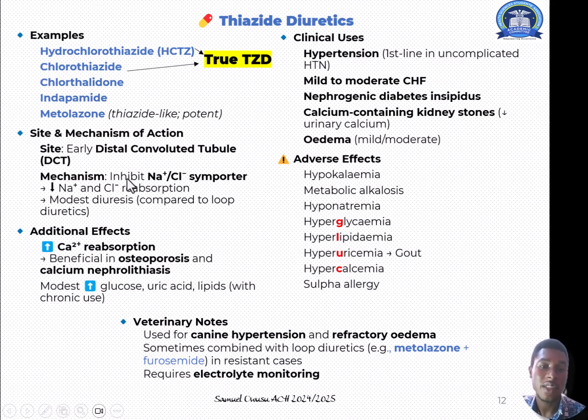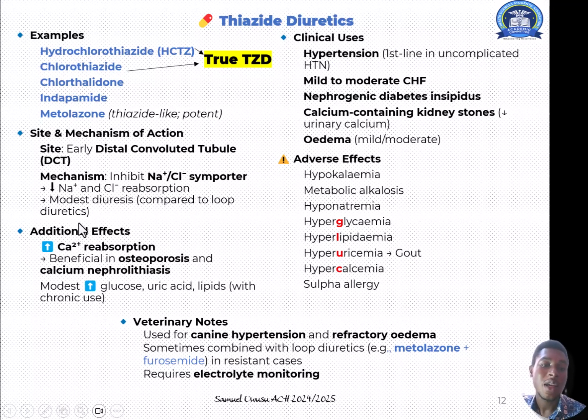The mechanism is that they inhibit what we call the sodium chloride symporter, which when that happens, it means that there is going to be a decrease in levels of sodium, decrease in levels of chloride, and that is going to cause more diuresis.